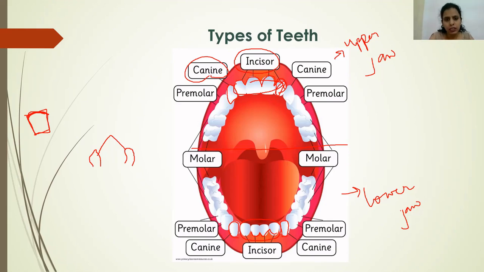But when we talk about carnivores, like lion or dogs or these large cats, panther, leopard, tiger and all, you must have noticed that the lion has very pointed canines like this.